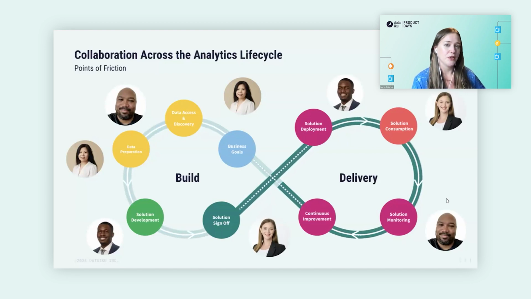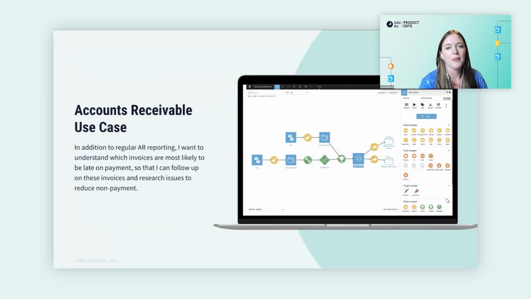That's what we're going to show you today, with a use case that most companies are very familiar with, which is accounts receivable. In this situation, I'm a business leader. The finance group is not very happy with me right now because we are consistently late with all of our invoices, and I'm trying to figure out what's going on.